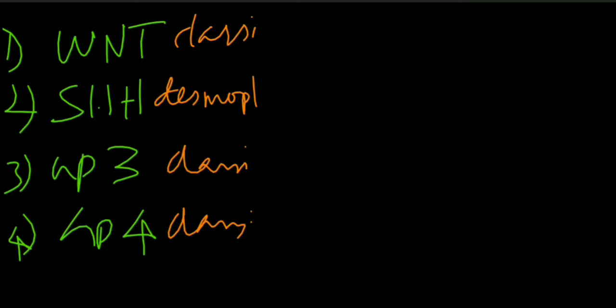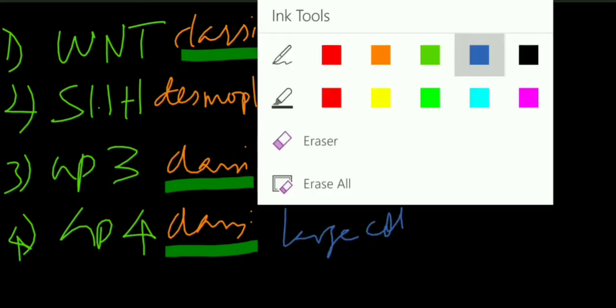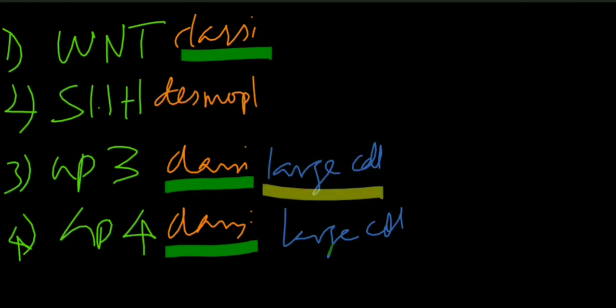So here you are seeing the same classical and classical. Now in 3 and 4 you have one more, that is large cell histology. So you find that both of them look similar because both have classical, and also large cell histology.